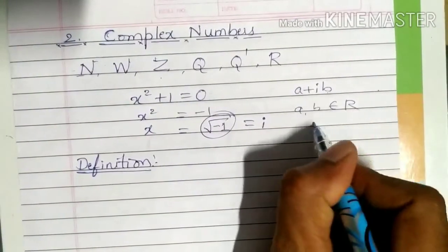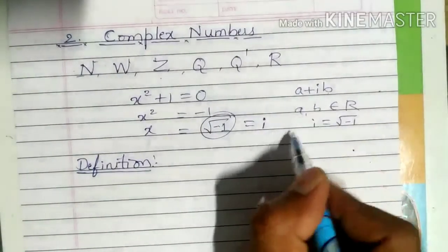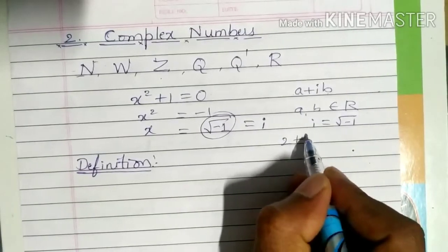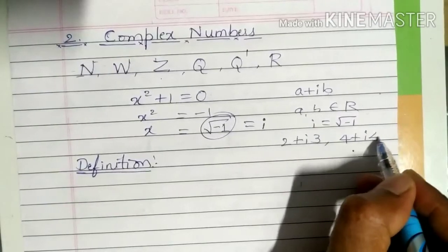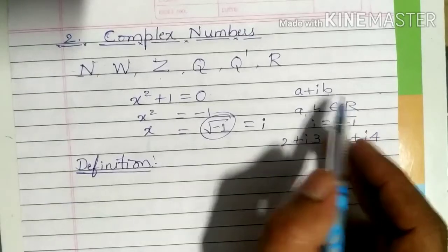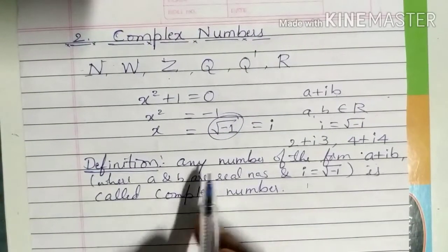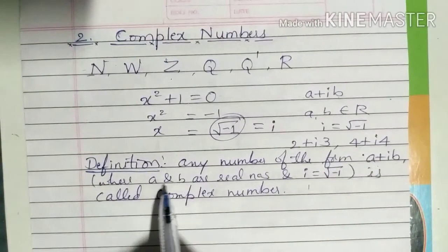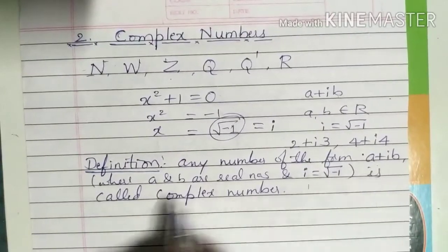For example, you can consider 2 plus i3 or 4 plus i4. These numbers are examples of complex numbers. So this is the definition: any number of the form a plus ib, where a and b are real numbers and i is equal to square root of minus 1, is called a complex number.